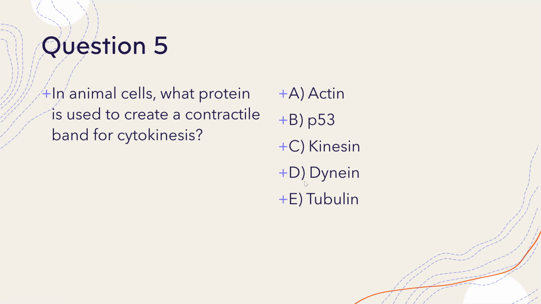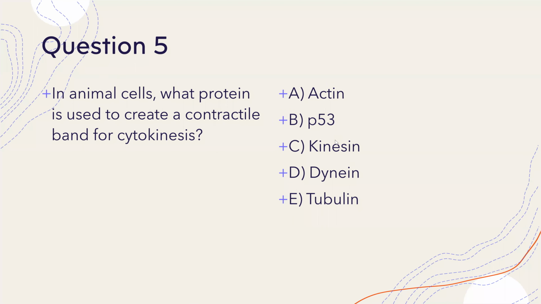For the purposes of mitosis, actin is the protein that actually creates the contractile band in animal cells. It's the one that does the drawstring pouch thing where it basically pinches the drawstring shut and the two cells apart.